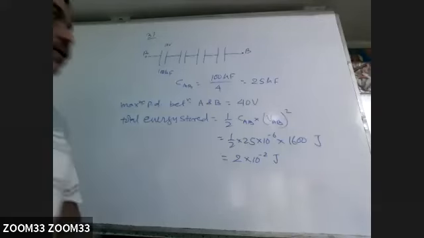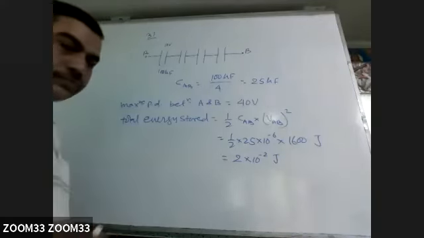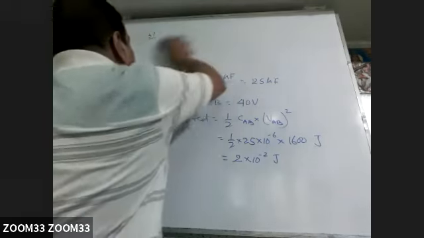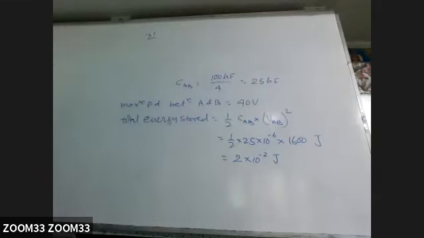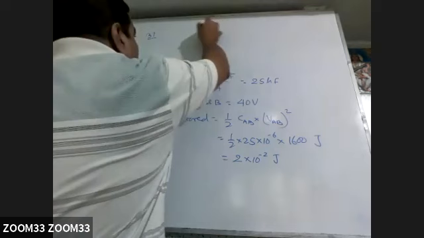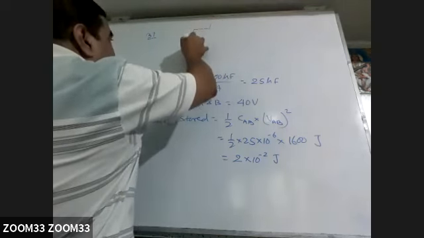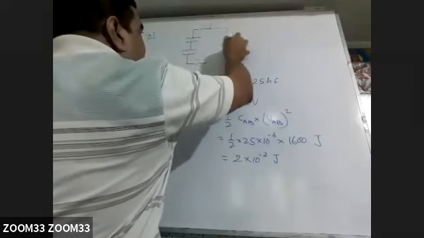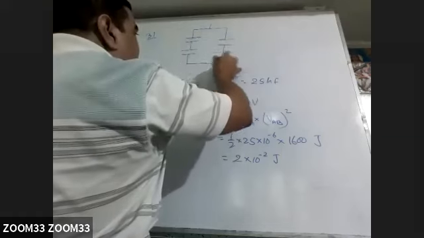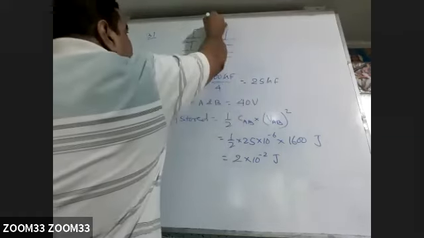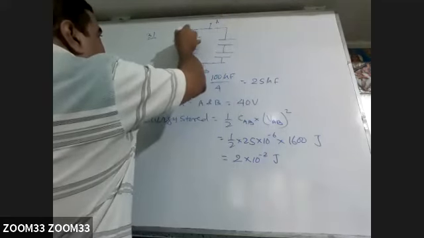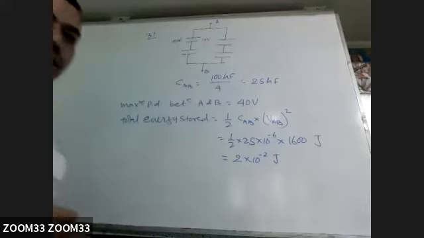Now the second one is. The connection is, two capacitors are coming this side and two capacitors are coming this side. So this is point A, this is point B. This is 100 microfarad, and each can bear a maximum voltage of 10 volt.